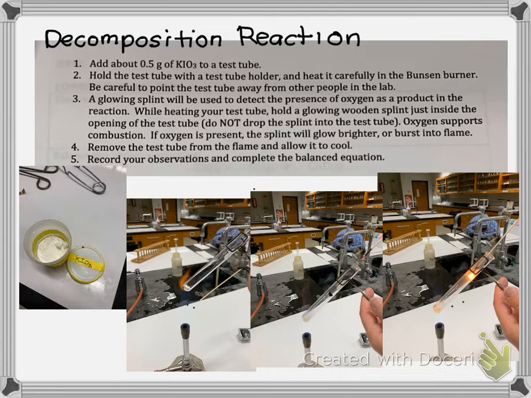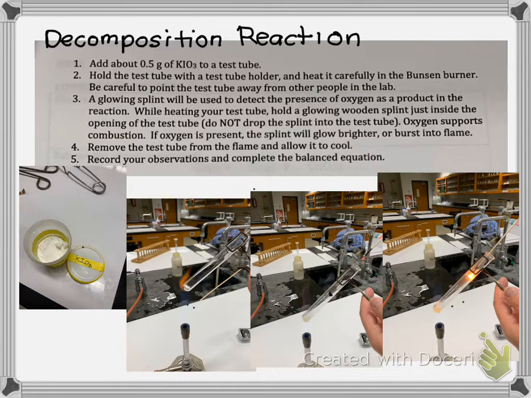Now, the second type of reaction was a decomposition reaction. And this one is kind of fun because it gets to use something called a glowing splint. Glowing splints are used to indicate if there is oxygen being released from a reaction.